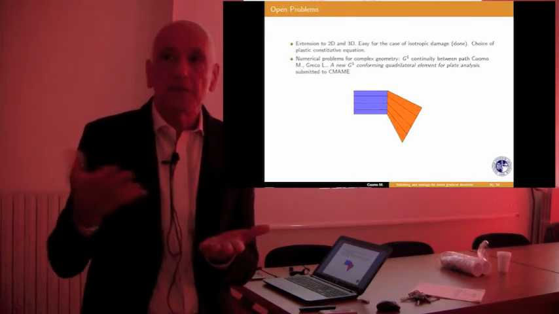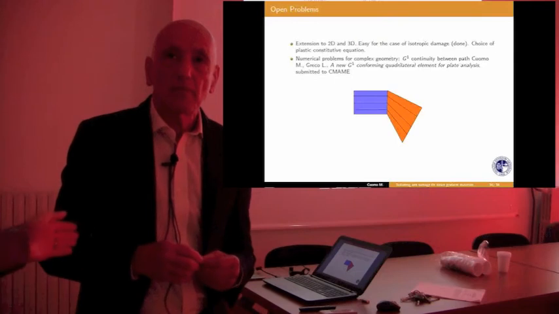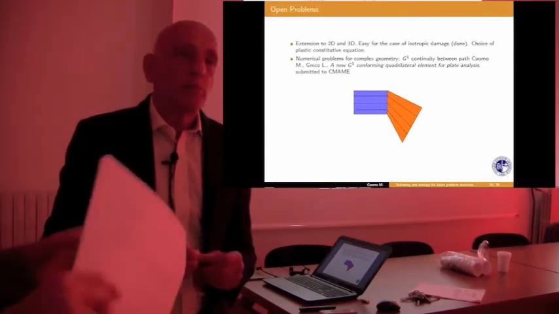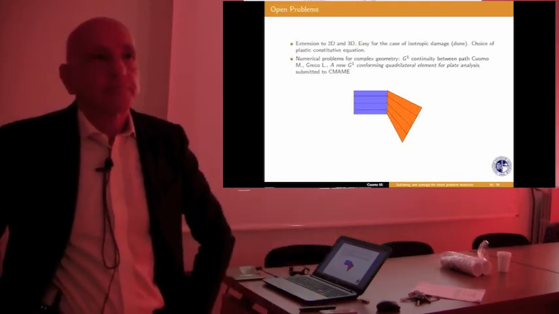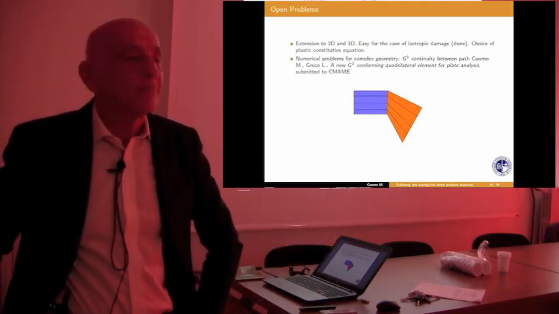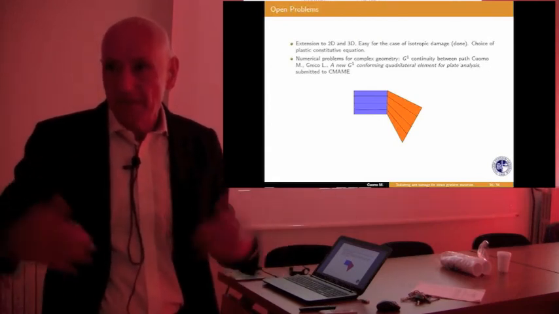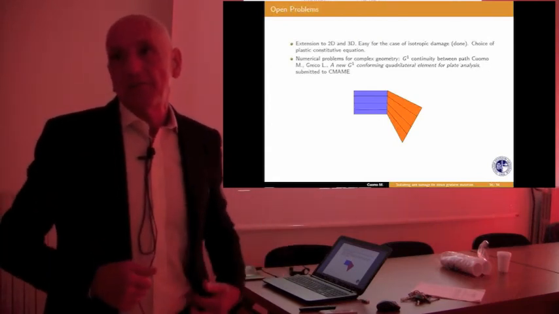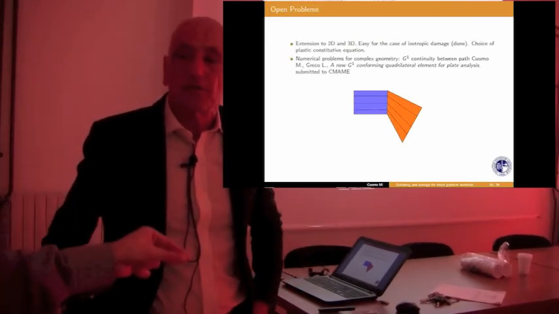The strains are affected by damage. Yes, but is the size of the damage zone related to the characteristic length that you have used, or is it a spurious broadening of the damage zone? No, it's broadening of the damage. Of course, if I use a larger characteristic length, I would have even broader damage, but it's not strictly correlated.